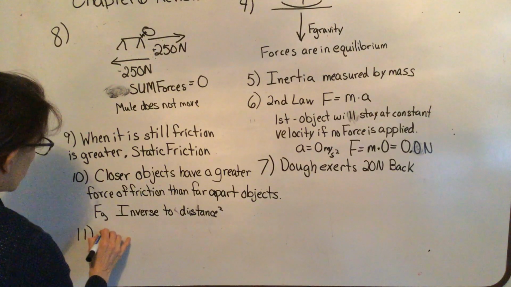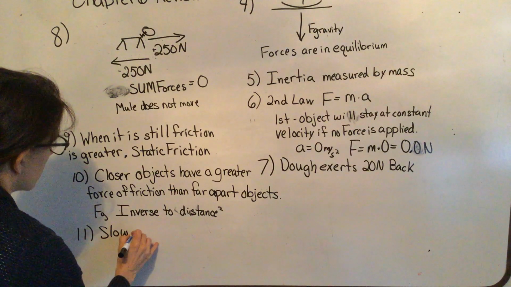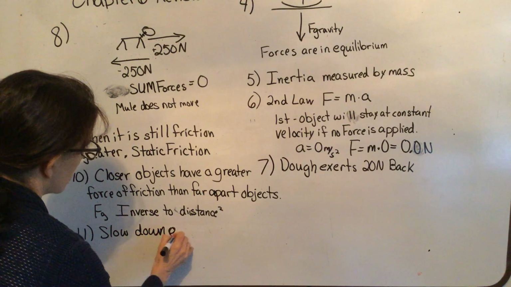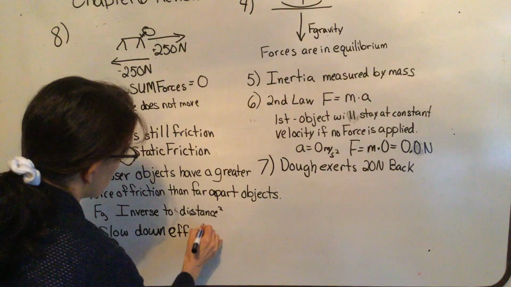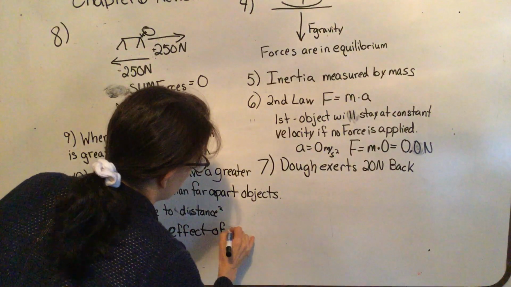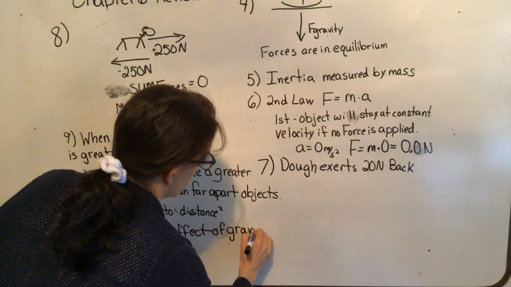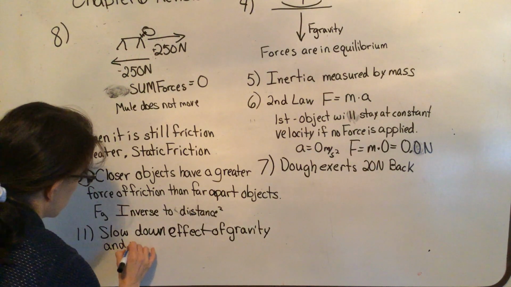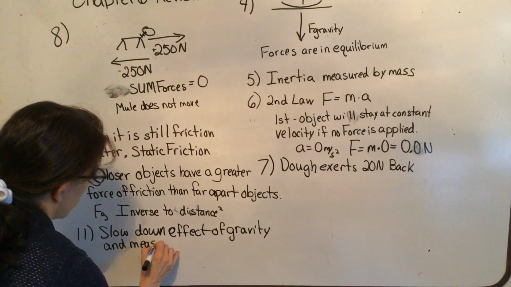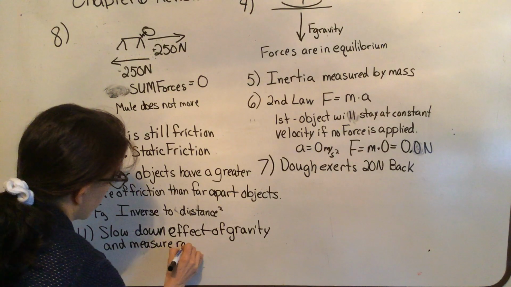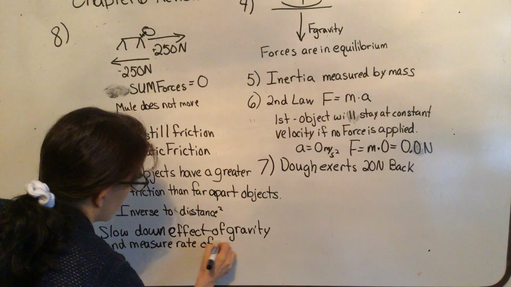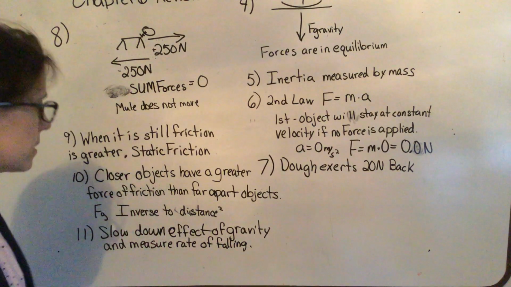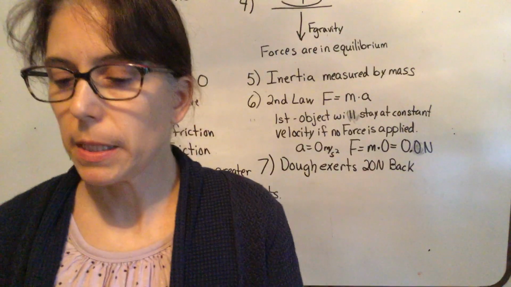So it was to slow down the effect of gravity and measure the rate of falling. It'd be hard enough to do without a clock, let alone if it's going at full speed.